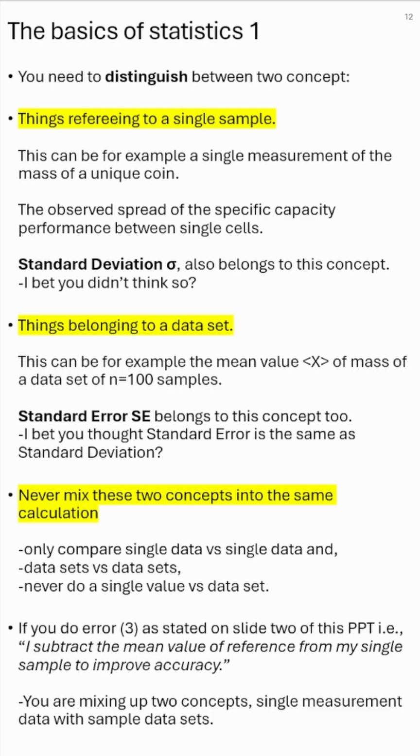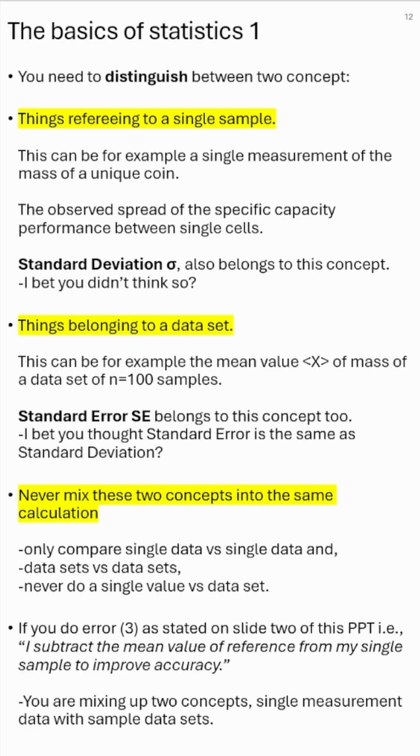This domain of single samples you need to distinguish from the domain of mean values and data sets, that we can call the multi-sample domain or the mean value domain. So mean values obviously belong to this category. And standard error, SE in short, also belongs to this.